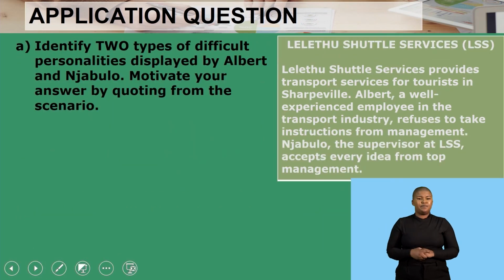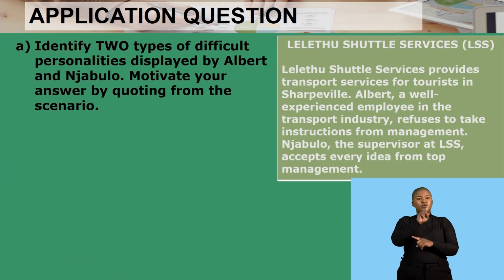Now, let us look into answering. You identify the personalities. We have Albert and we also have Njabulo. Then you motivate to say why you say that is their personality. Because Albert is a well-experienced employee, Albert would become an expert.